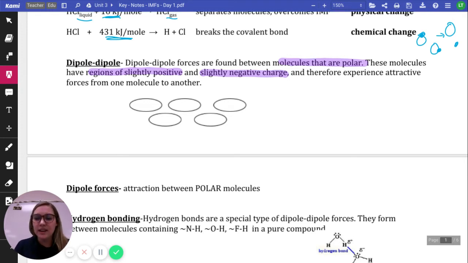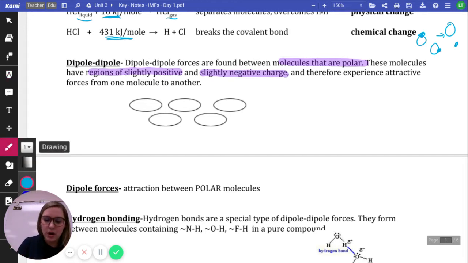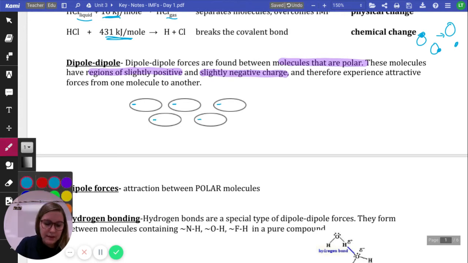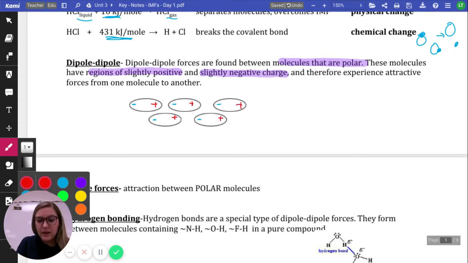But because we have that slightly negative and that slightly positive, there's attraction from one molecule to another. So to kind of draw it out, I'm going to say I have a slightly negative side to all of my molecules, and then I have a slightly positive side on my molecules. And my negative side is going to be attracted to that slightly positive side.